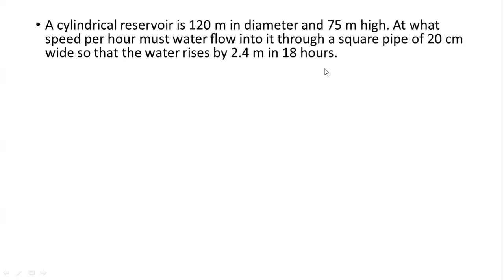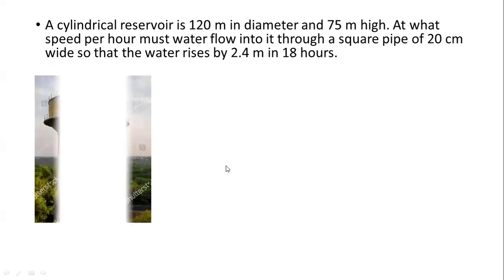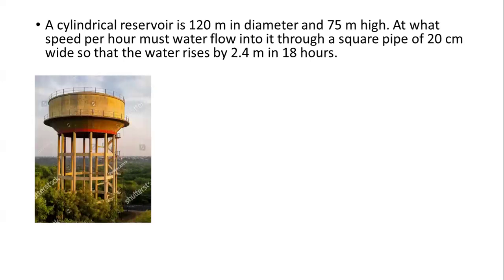Now let us see how the reservoir looks. This is how the reservoir looks. Clear? Now, what is the shape of the reservoir? The reservoir is in the shape of a cylinder.